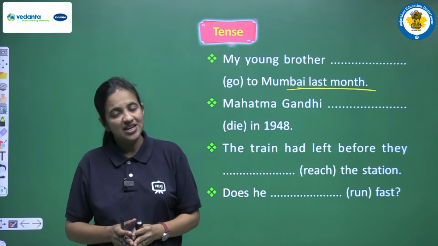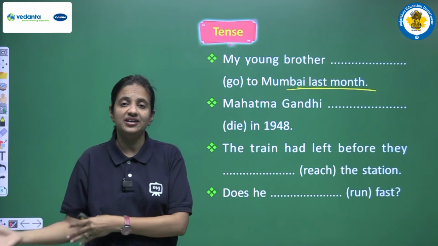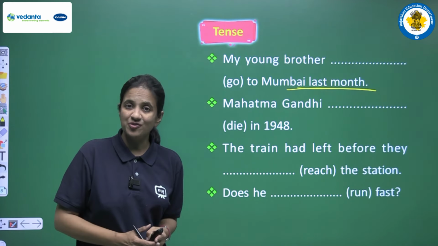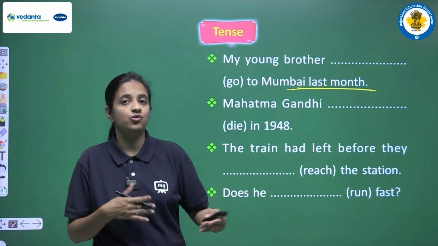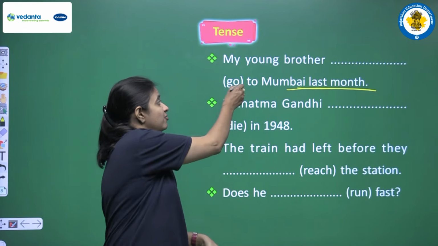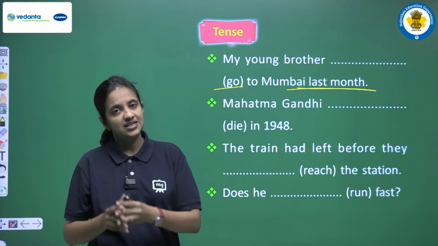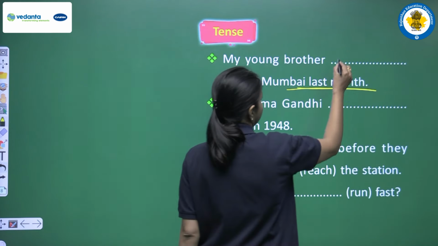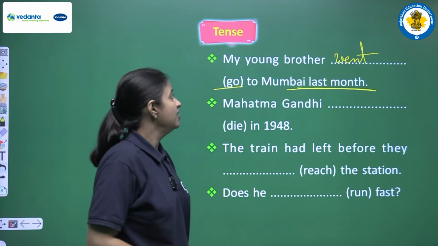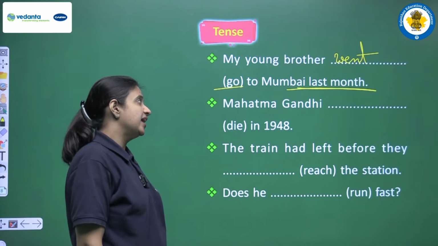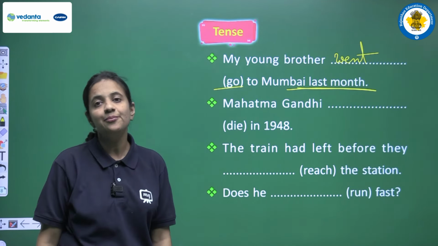So in a positive sentence of past simple tense, we use second form of the main verb, and we won't use did, we won't use helping verb because it will be hidden. So as a main verb we are having go. So what is the second form of go? It is went. And the sentence will be, my young brother went to Mumbai last month.